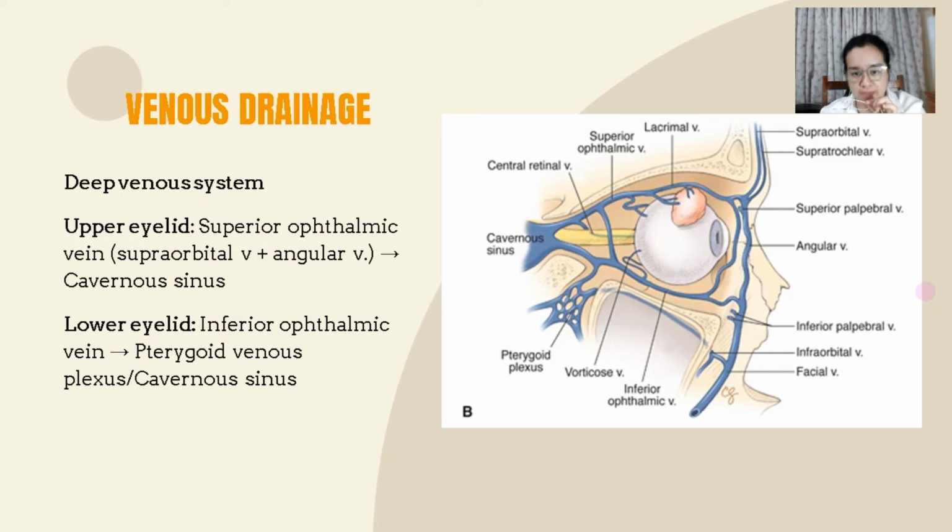At the orbital apex, here, one branch of the inferior orbital vein feeds into the superior ophthalmic vein, here, and it enters the cavernous sinus. Meanwhile, the other branch drains through the inferior orbital fissure to the pterygoid plexus.